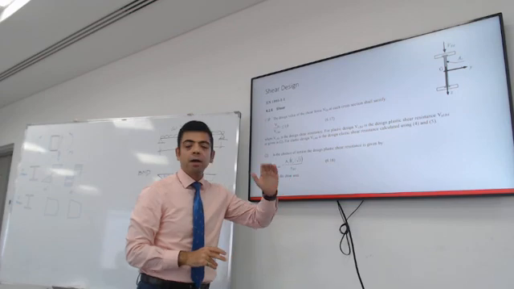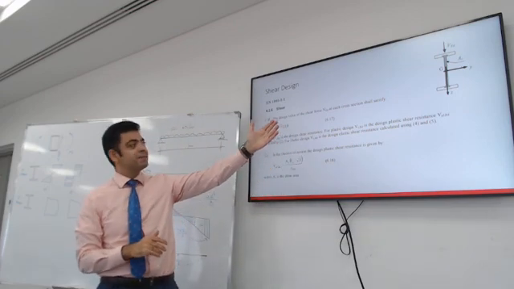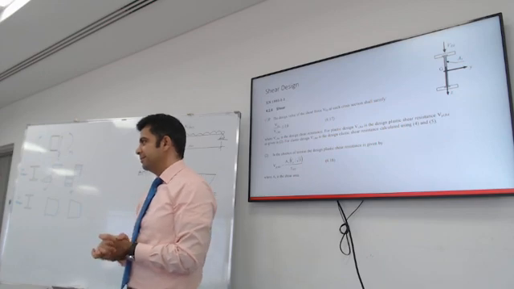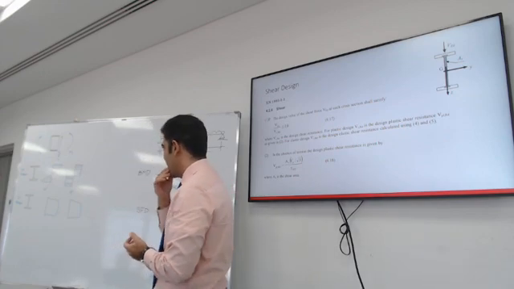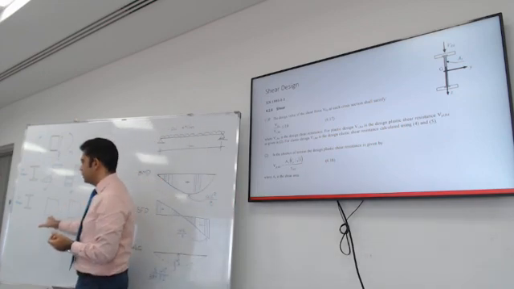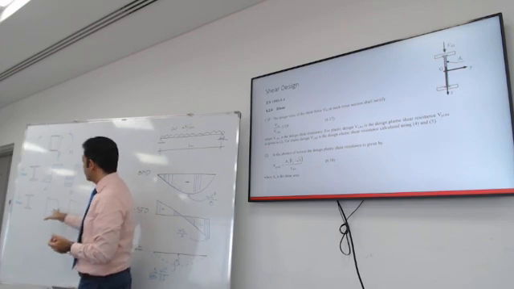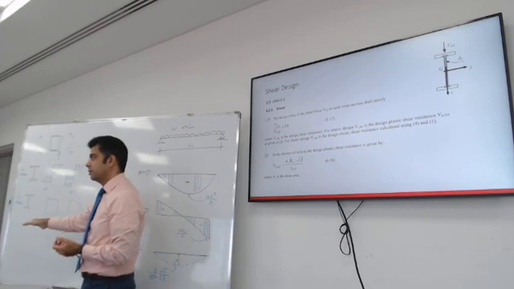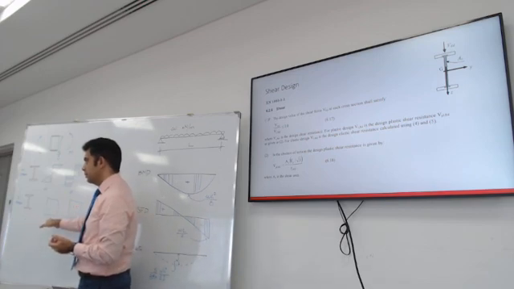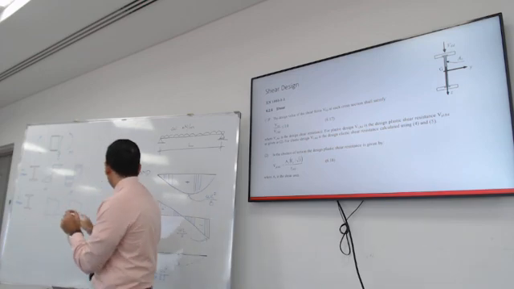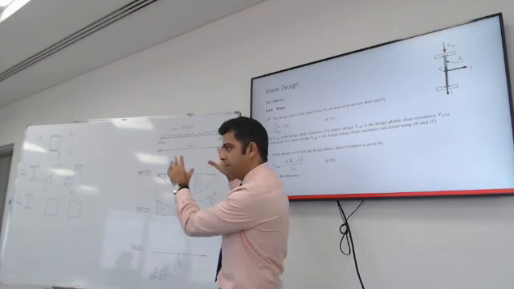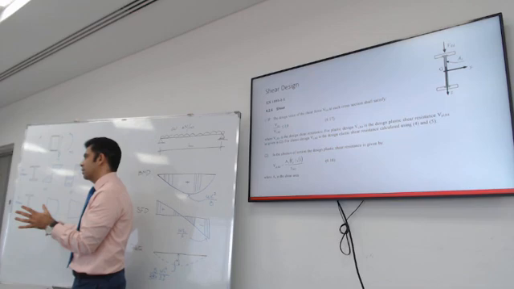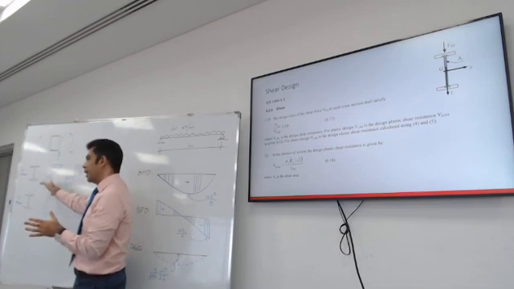Let's look at what the Eurocode suggests for the shear capacity. Do you have a question? Yes, I don't understand the drawing for the stress. This one here? This is the shear stress distribution on that section. It's not the shear force diagram. The shear force diagram is for the beam.